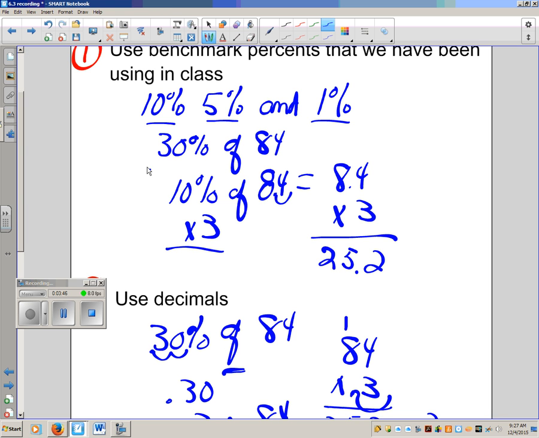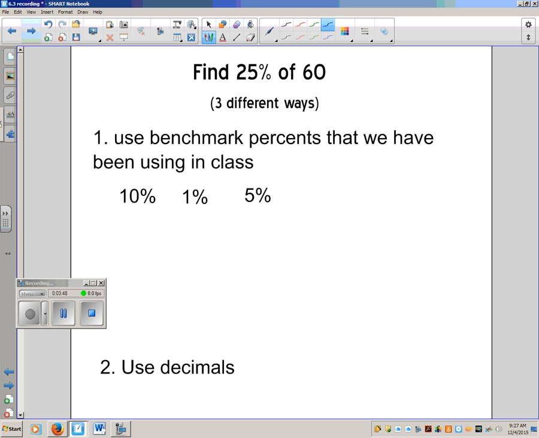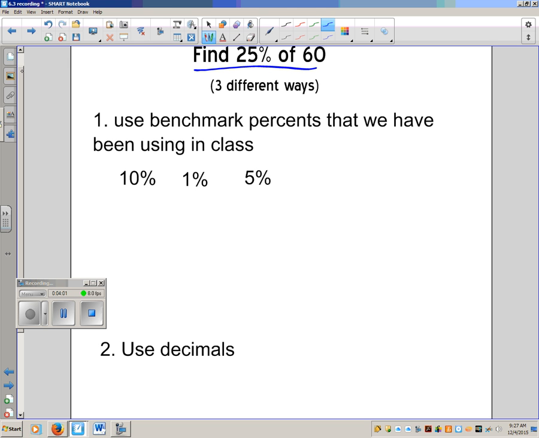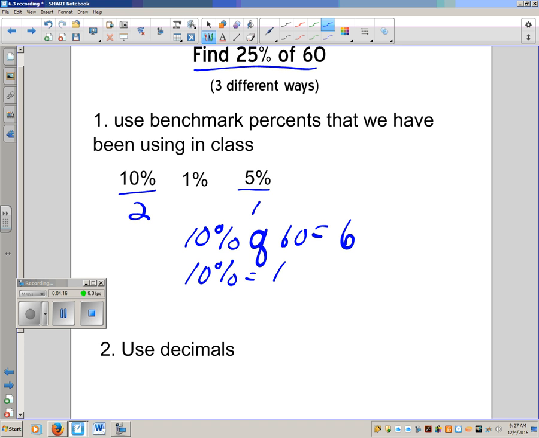One more example. Find 25% of 60. In your notebook, write that down, 25% of 60. For 25%, we're going to use 2 10s and 1 5. 10% of 60 is 6. 10% equals 6, so I got 2 of those. 5% is half of 10%.